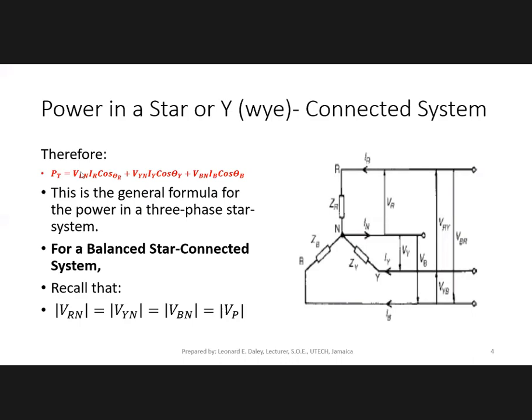All right, so in general then, the total power in the star connected system would be the sum, as I said before, of the power in each of the phases, and we have written them out here now.